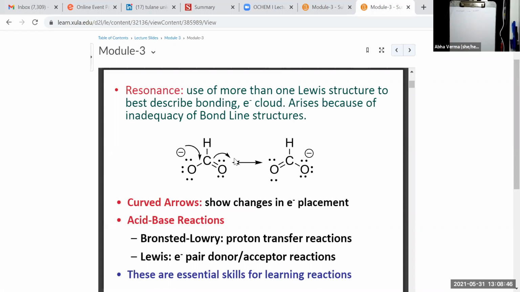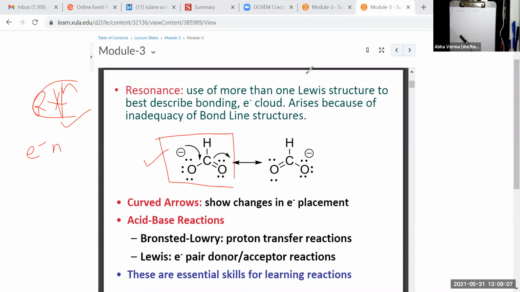So if you look at the example that I have shown you here, don't think about reactions right now. Don't worry about that. We are going to look at resonance structures. Both reactions and resonance structures need electron movement.